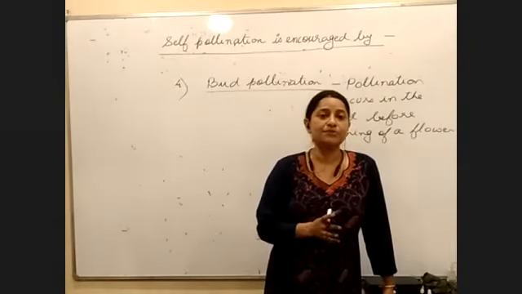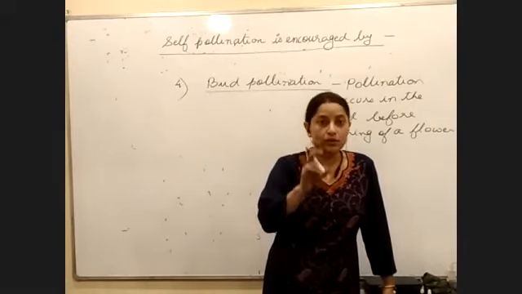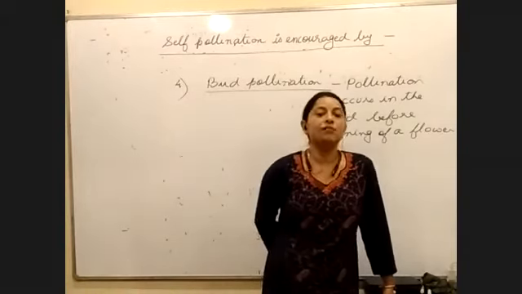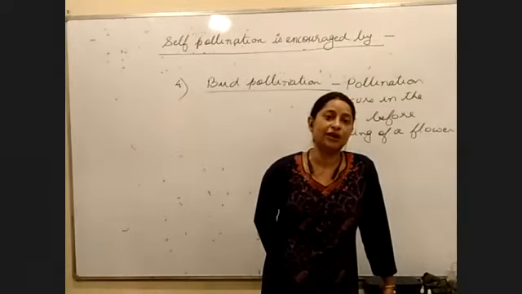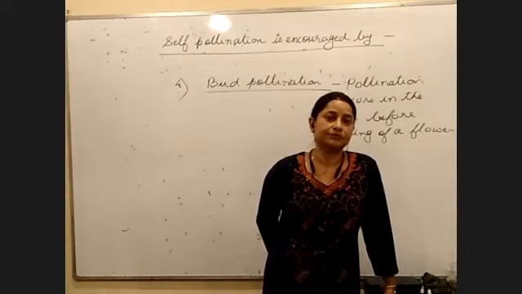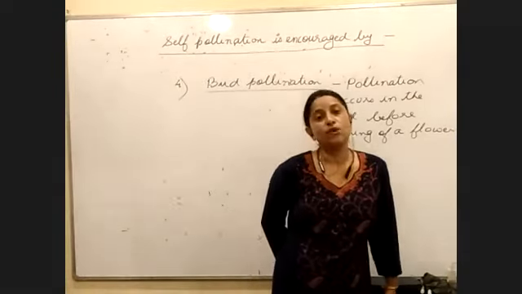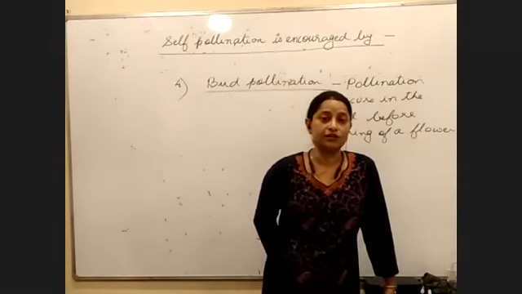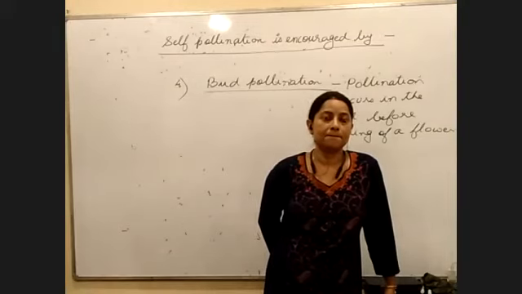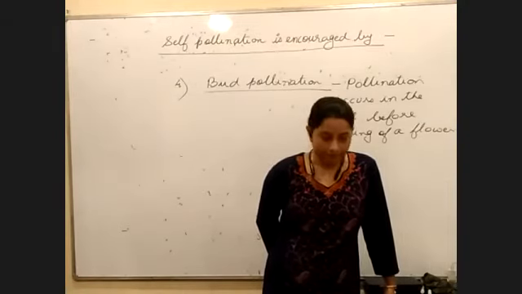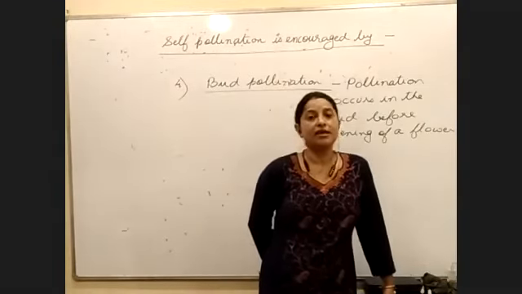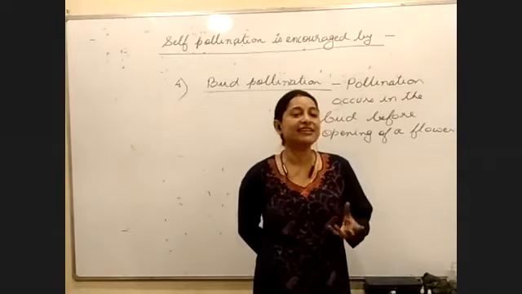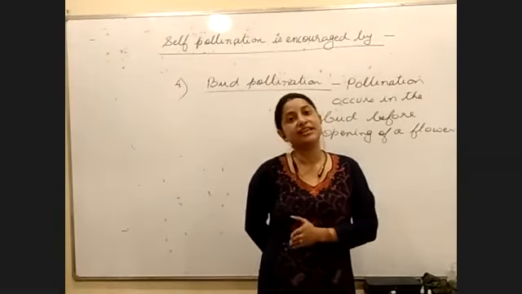In normal cases, pollination occurs in a flower. Now, what is the difference between a bud and a flower? A bud is the baby, the first stage of a flower. Immature and mature, we can use these words. The immature or starting stage is the bud. The mature stage is the flower.